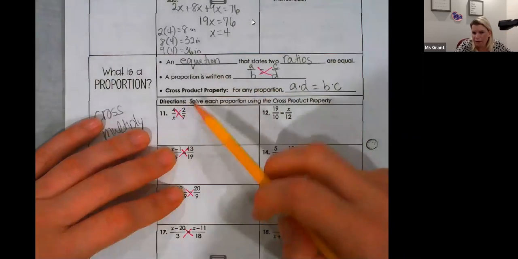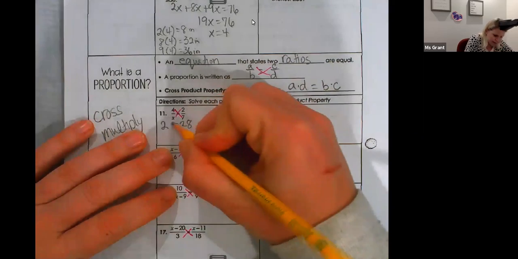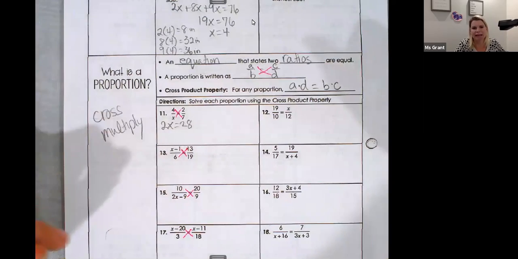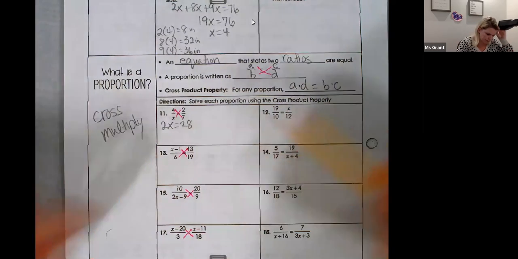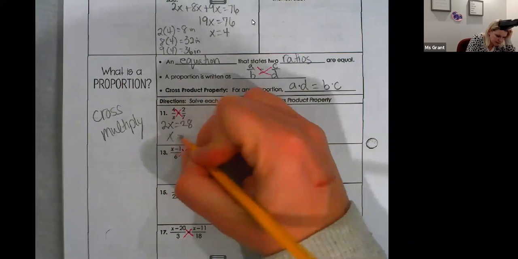Like when I multiply 4 times 7, I'm just going to write the 28 right here underneath it. And the 2 times x, I'll write underneath the x. So I'm going to keep them on the same side as the bottom number. Anyways, 2x equals 28. X equals 14.